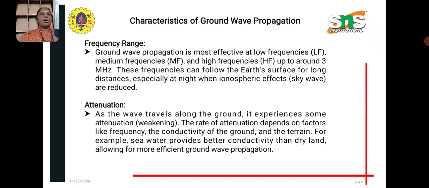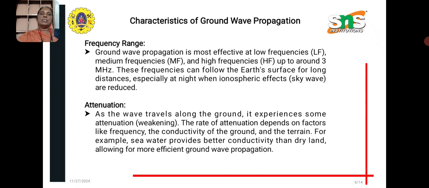And the characteristics of ground wave propagation. First, the frequency range. Ground wave propagation is most effective at low frequencies, medium frequencies, and high frequencies, which is up to 3 MHz. These frequencies can follow the Earth's surface for long distances, especially at night when ionospheric effects are reduced.